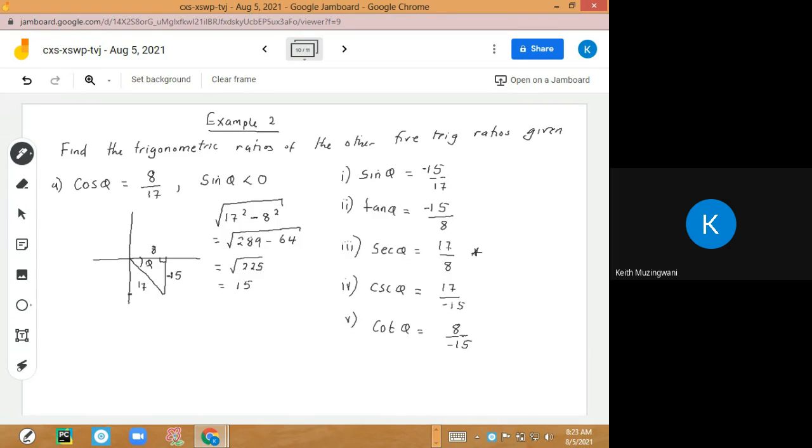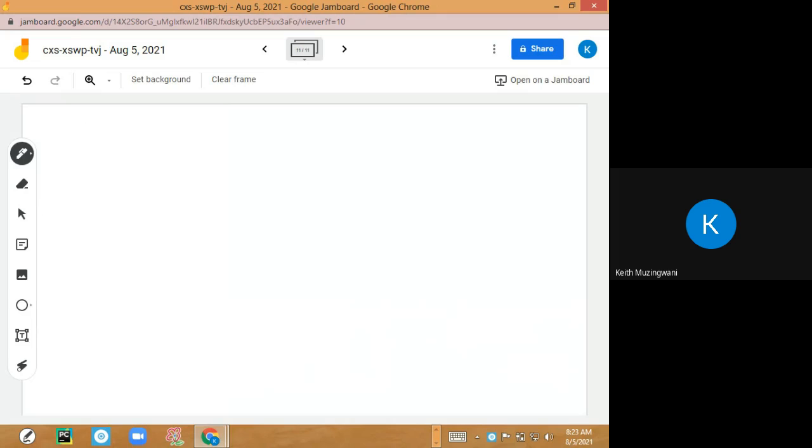Okay. Let's go to B. Cosec theta is equal to 2, and theta is in the first quadrant.